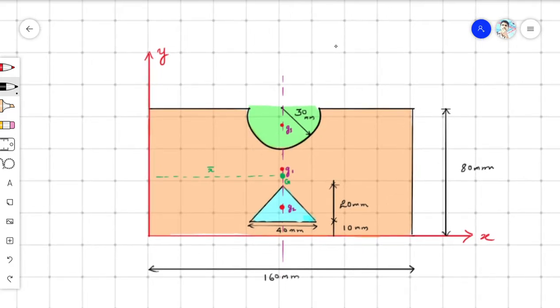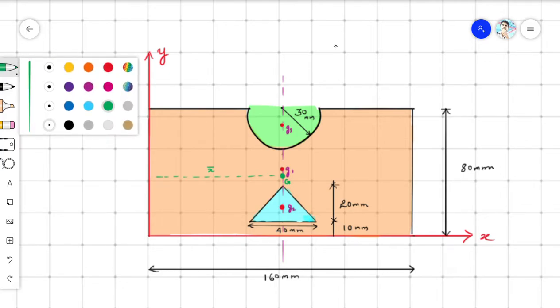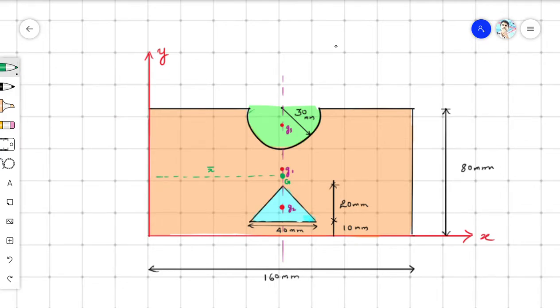So as of now, this is the cutout portion, that is the semicircle. Consider it as a semicircle with 30 mm as its radius.